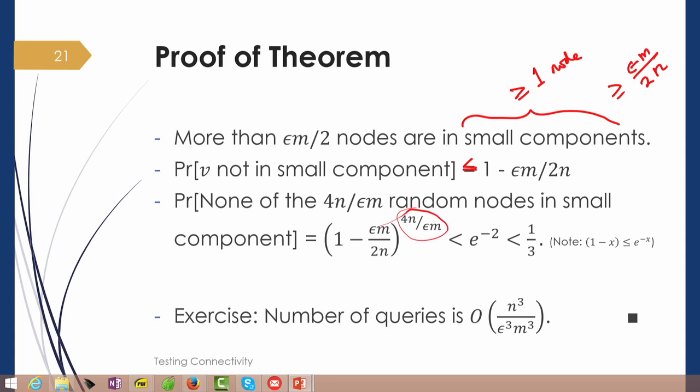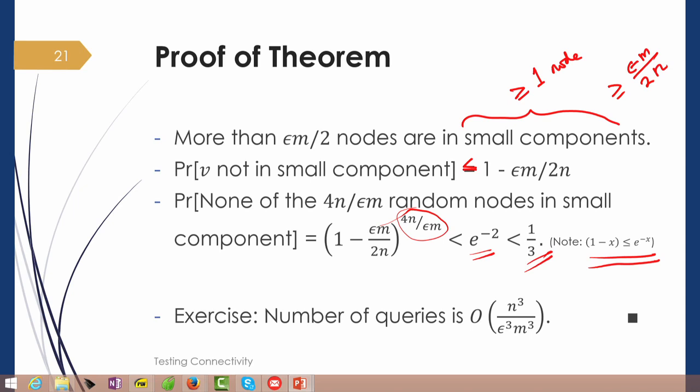So, if we apply this inequality, 1 minus x is at most e to the minus x, this probability can be brought down to e to the minus 2. And of course, e being something like 2.71, and so on, it's easy to see that e to the minus 2 is less than 1/3, which is the probability that we will not find evidence.